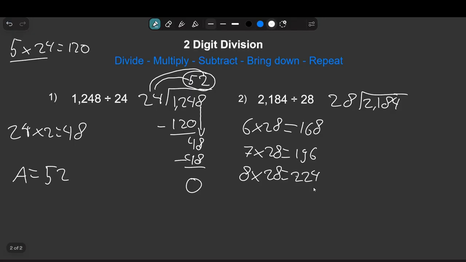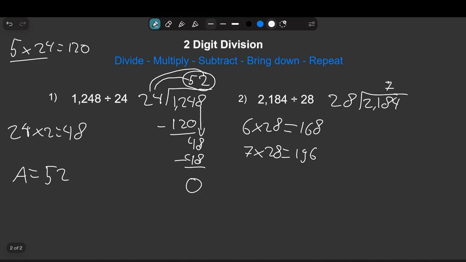This isn't correct because we went over our 218. So how many times the 28 can fit into 218 will be 7 times, because if we do 8 times, it will be over 218. So we can do 7.